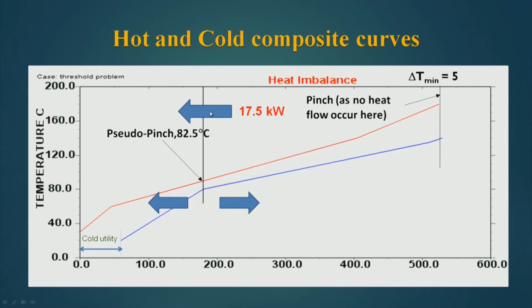Now, the most interesting part is that at this pseudo pinch some amount of heat, which we will calculate and see, comes out to be 17.5 kilowatt, passing from hot end to cold end. This is uncommon in a process pinch area or in a utility pinch area, but we have to remember that in a pseudo pinch the heat transfer takes place from hot to cold.